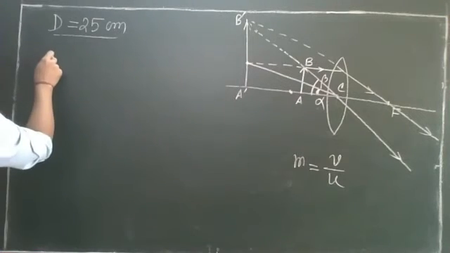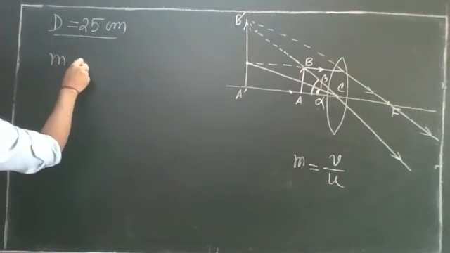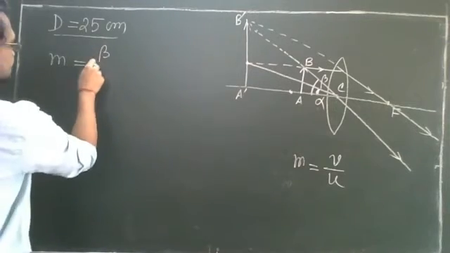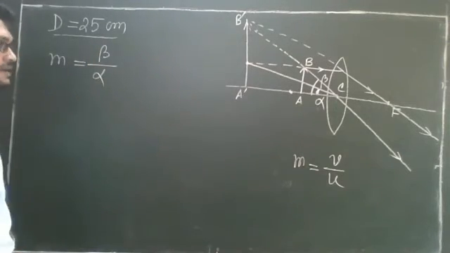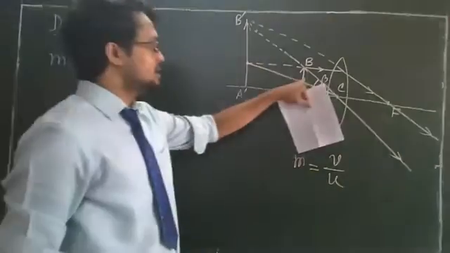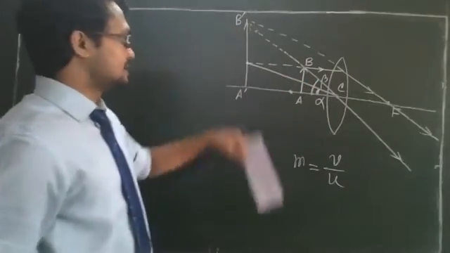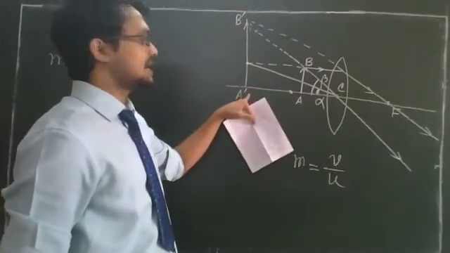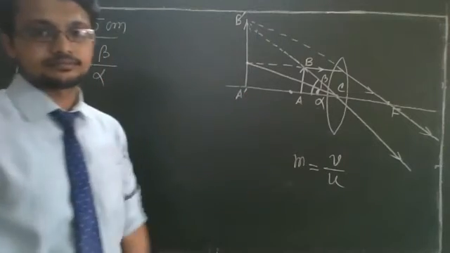So now magnification M we can write as beta by alpha. Beta is the angle made by the image, and alpha is the angle made by the object placed at the image position.